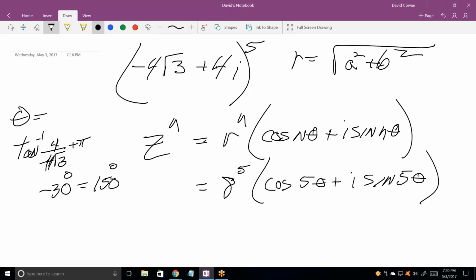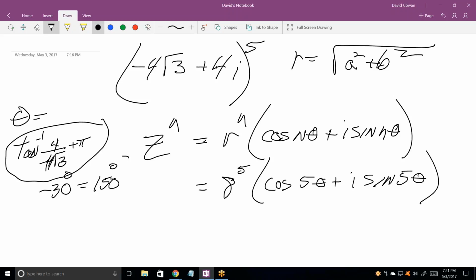If you look at this complex number, the a is to the left of the imaginary axis, the b is positive, that's second quadrant. So we're in the right quadrant with our angle. That's always worth keeping an eye on, because it's pretty easy to make a mistake with this complicated formula for theta.